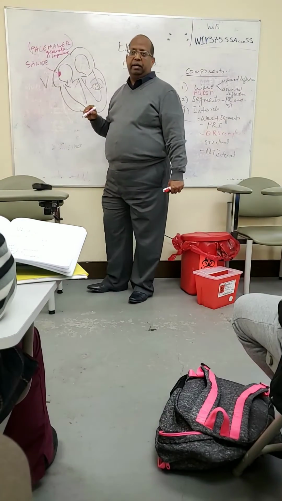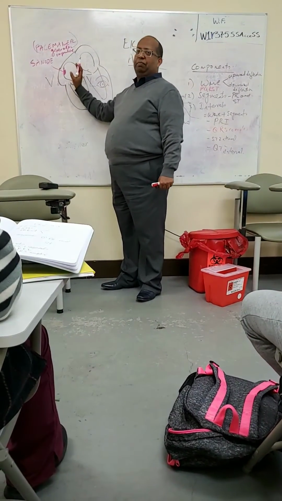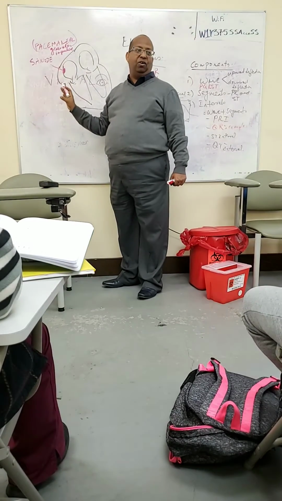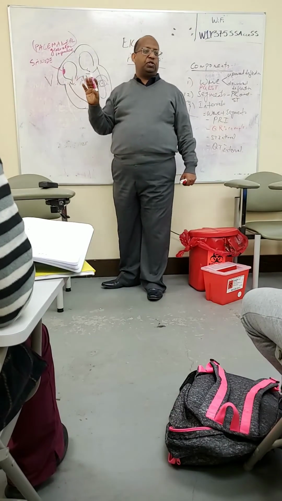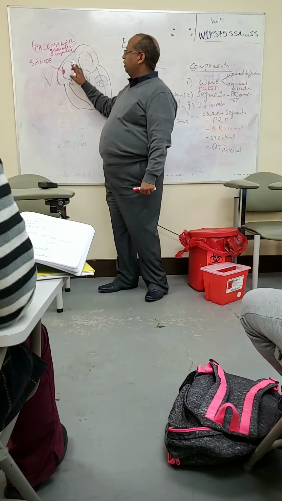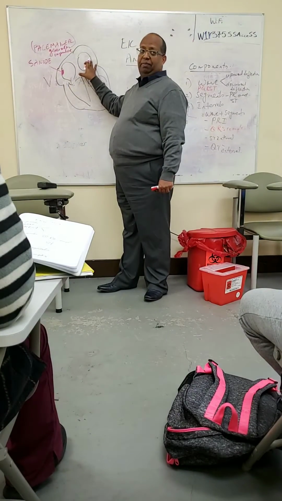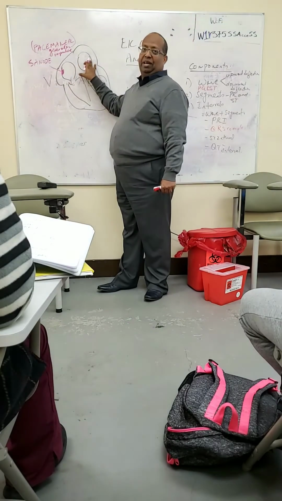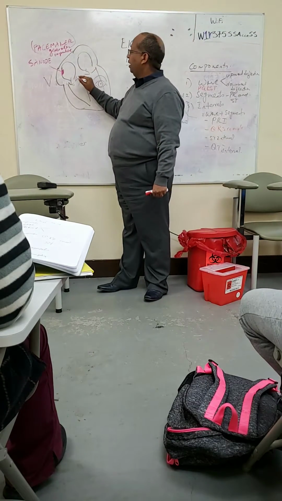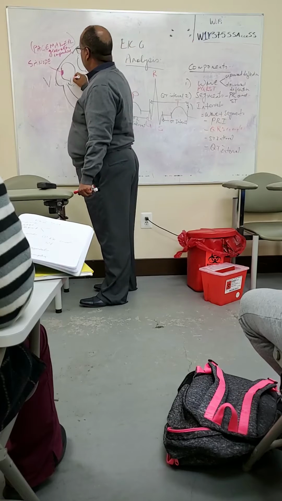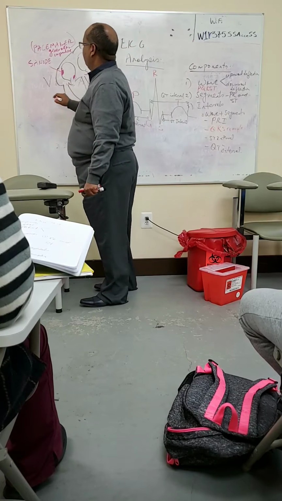Now, once this impulse is generated in the SA node, it has two options. One, it goes to both the right and left atrium. And it will also pass to another electrical tissue which is called the AV node.